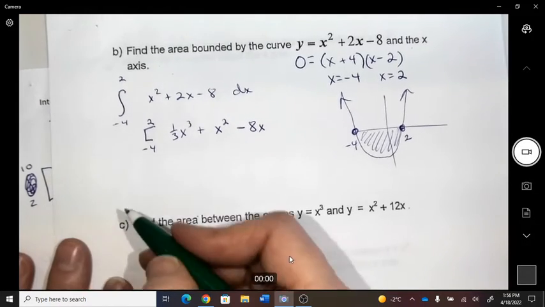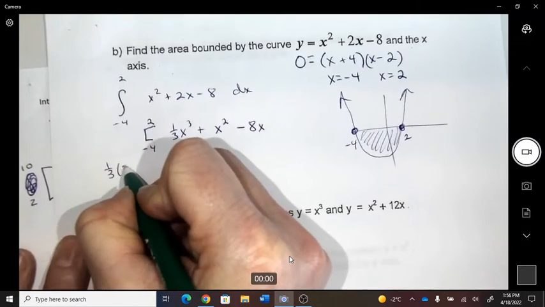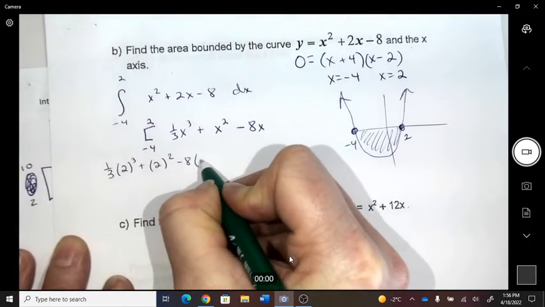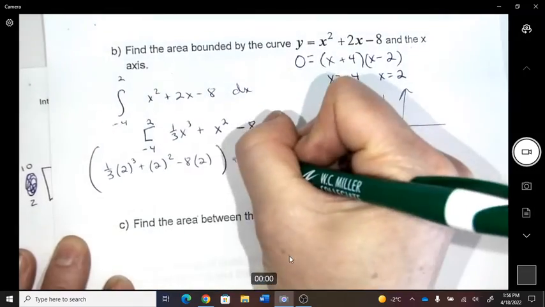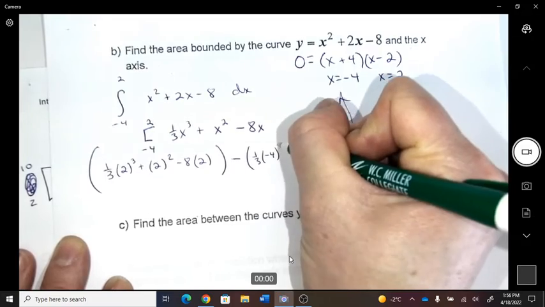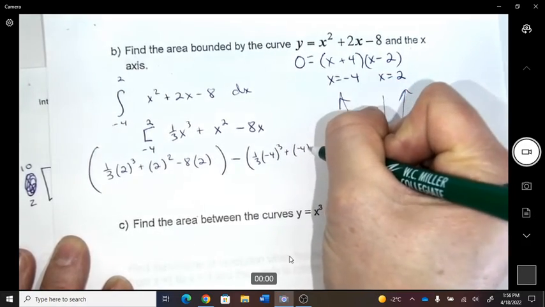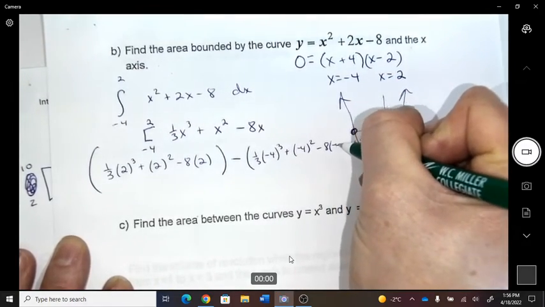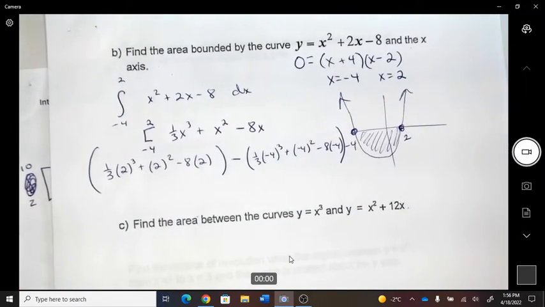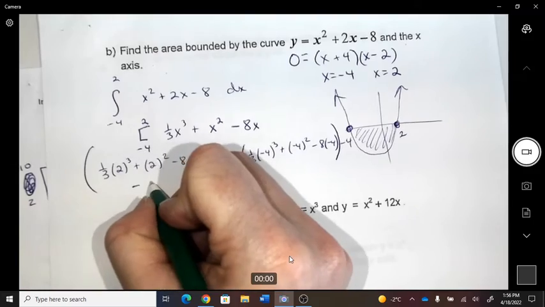Okay, so plug in a 2. And then you're going to have to plug in a -4. Okay, I'm going to cheat. I'm going to write these down for you.